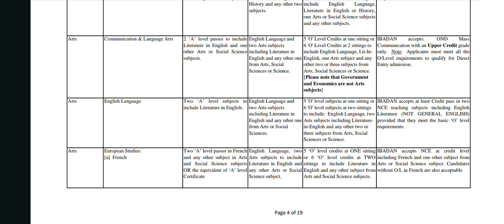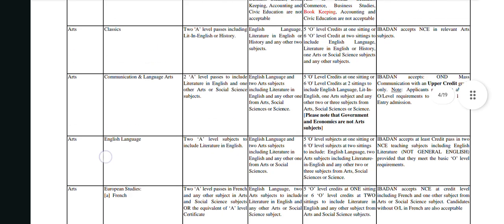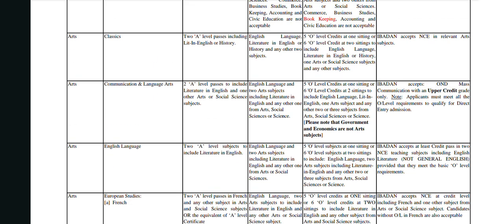I've interpreted the fact that government and economics are not subjects, and when they state 5 O level credit or 6 O level credit, that means that course allows the use of 2 sittings.